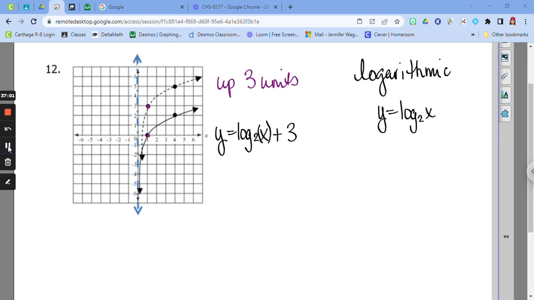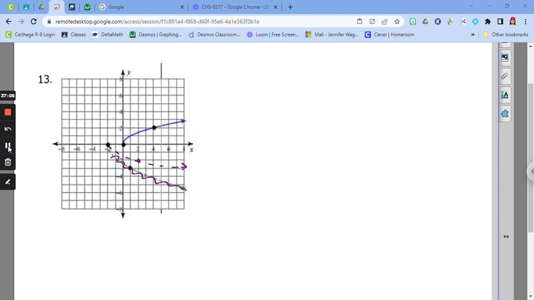Okay. So on number 13, I want you to change the graph so that it now goes through the point 2, -2, and draw the curve that way.